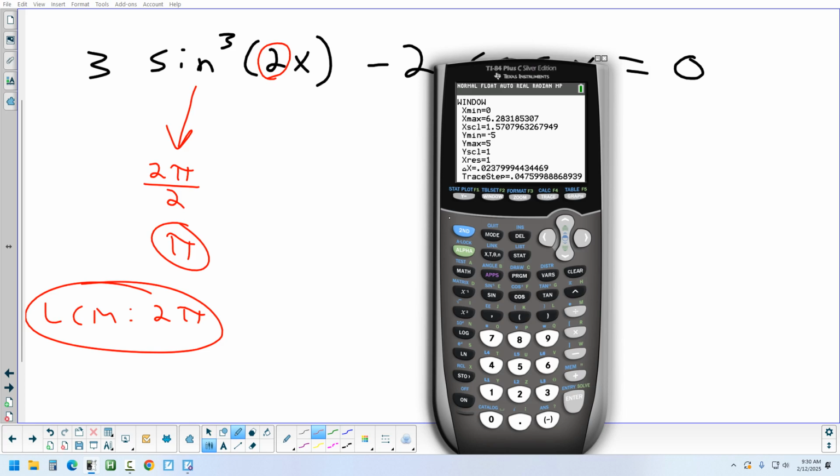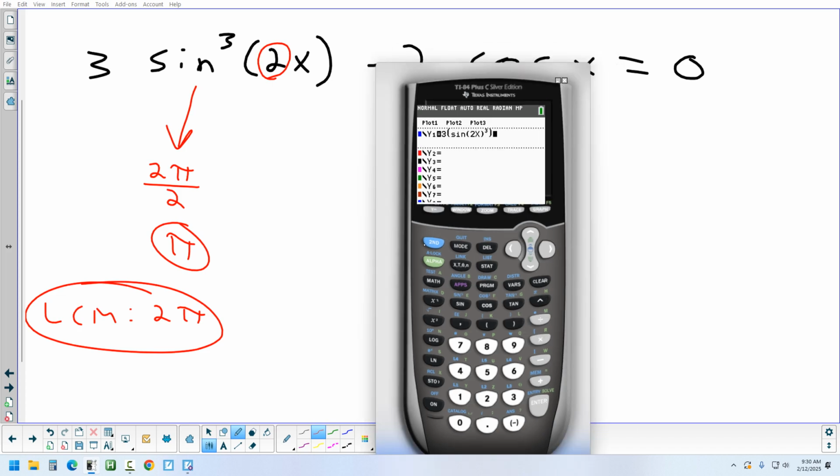Now I'm going to type everything in. So you want to make sure when you type this in, you're not cubing the 3 in the front. If you do that, you're going to end up with 27. So what you want to do is put the 3, and then start a parenthesis for what you're going to cube. So sine 2x. Close the argument.